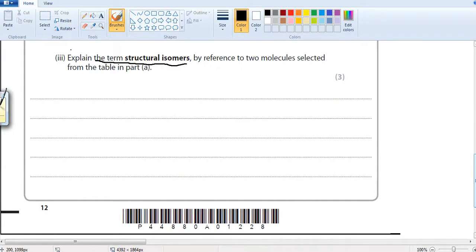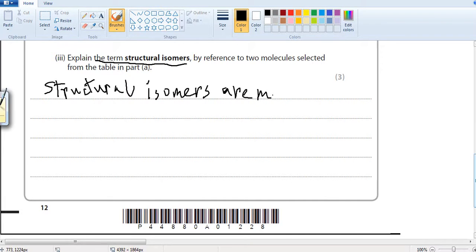Well, let us at first define what is meant by structural isomers.